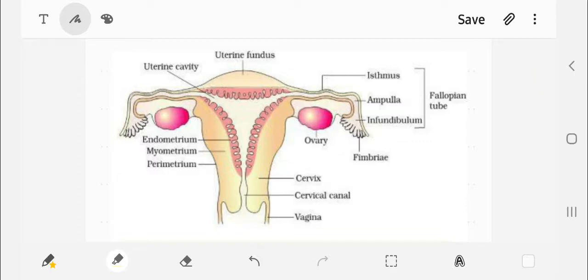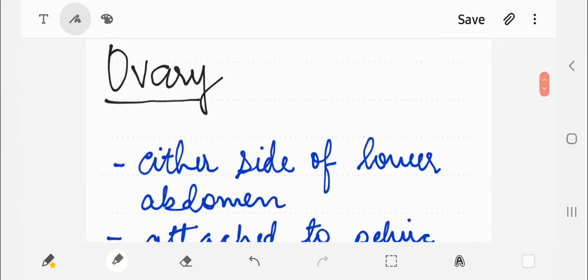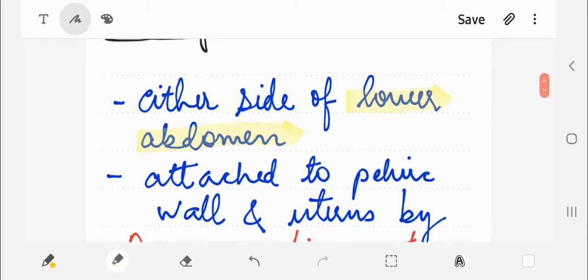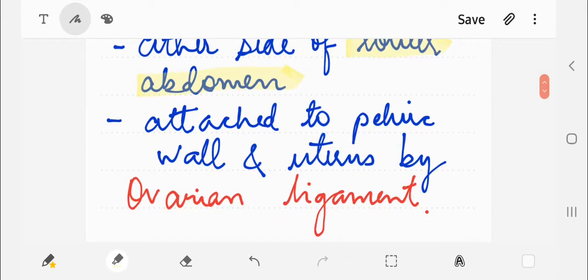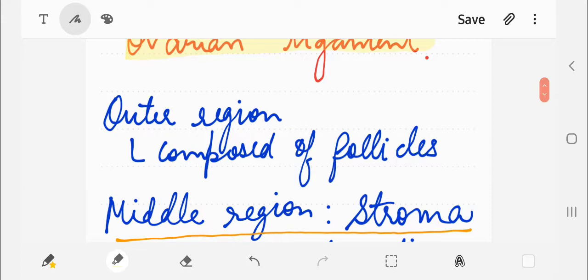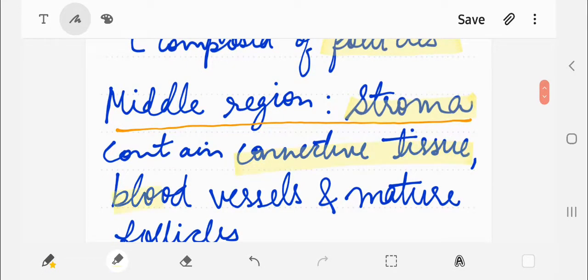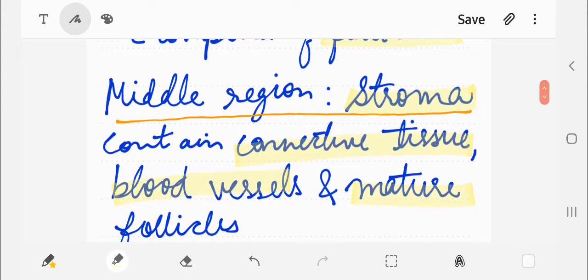First we are going to start with our primary sex organ, that is the ovary. The ovary is located on either side of the lower abdomen, attached to the pelvic wall and the uterus by the ovarian ligament. The outer region is composed of follicles, that is layers of cells, and the middle is the stroma, which contains connective tissue, blood vessels and mature follicles.